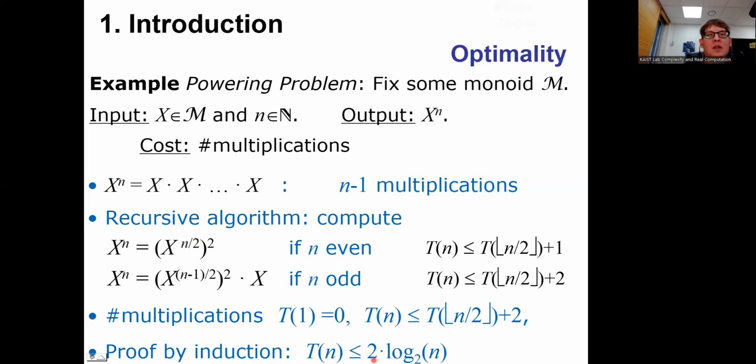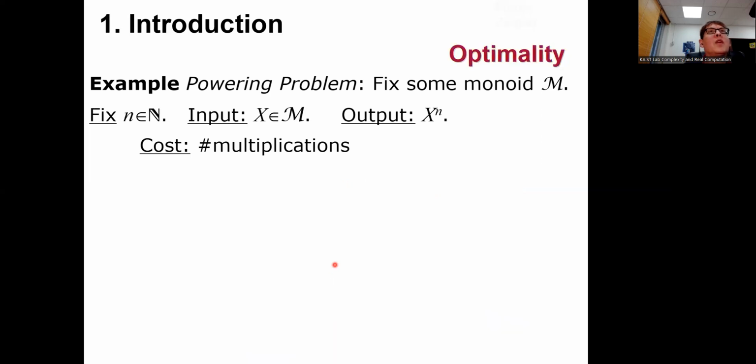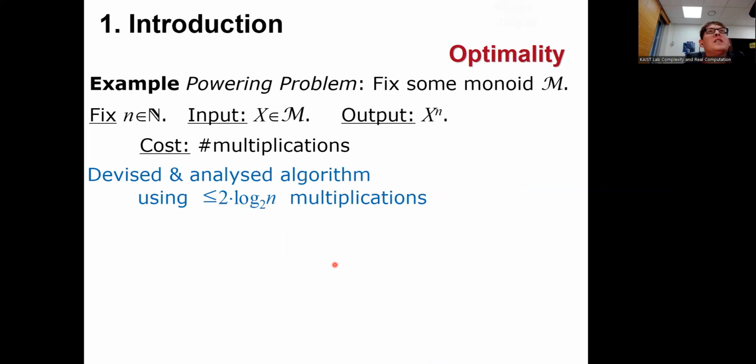So that means now we're asked again the question, is this algorithm asymptotically optimal or not? And we're going to prove, and that's the last thing we're going to do today, that it is optimal. And to this end, we use some mathematics, a simple lemma that will prove that our algorithm with 2 times logarithmically many multiplications is asymptotically optimal up to this factor of 2.